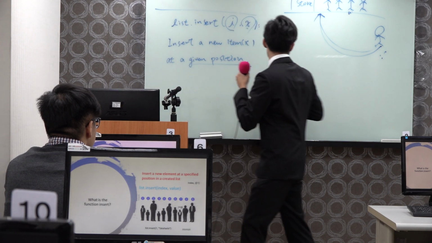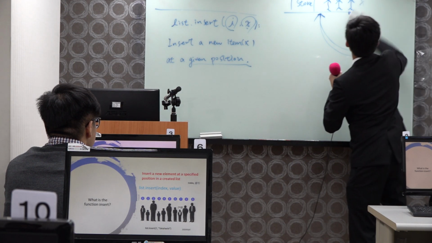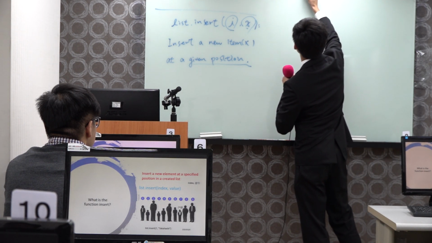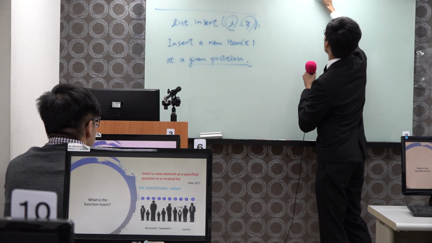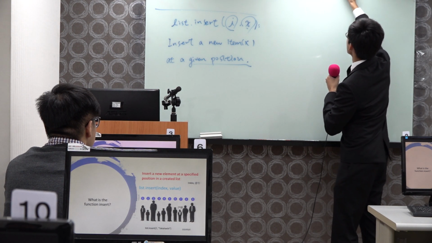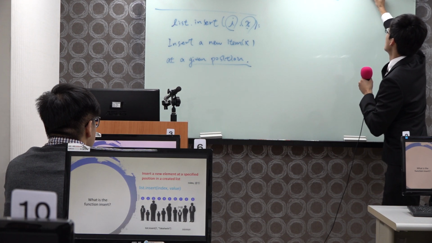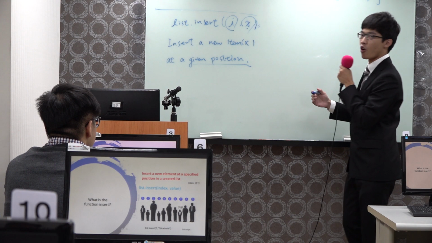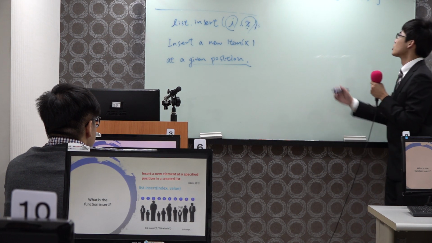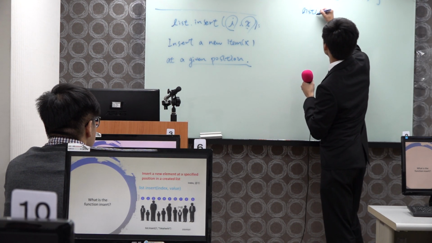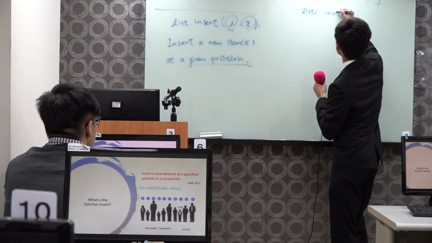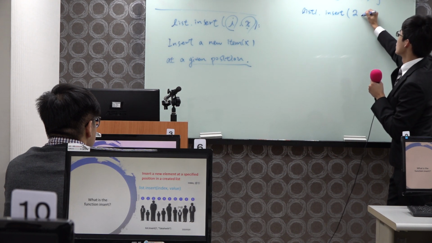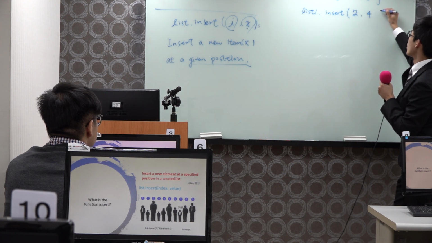In example 1, there is a list, we call it list1, and list1 equals square bracket 1, 2, 3. Now I want to insert a new item 4 at the index 2. So I can write list1.insert(2, 4).